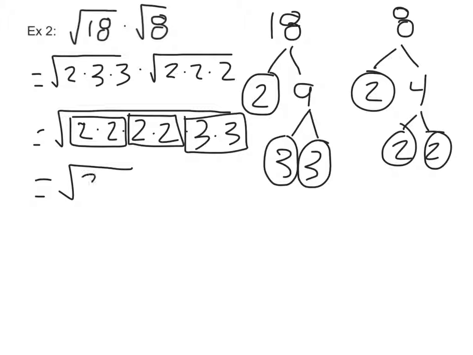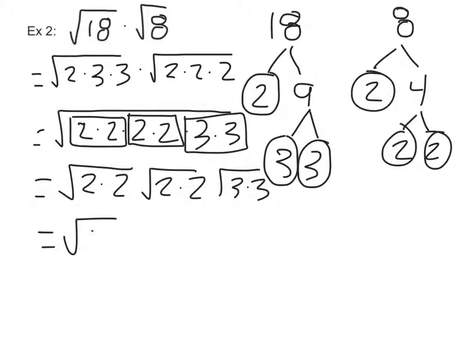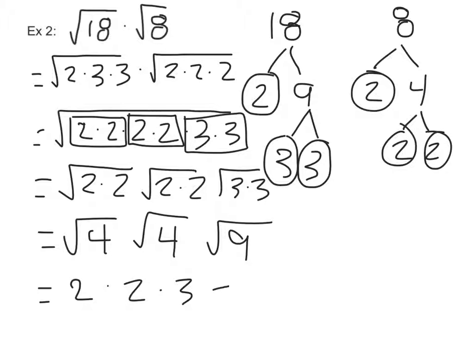So when we put those pairs in their own radical, 2 times 2 is 4, 2 times 2 again is 4, 3 times 3 is again 9. And don't forget your square roots, because now we have found those perfect square roots. We have 2, 2, and 3, and we multiply all those together, we come up with 12. So believe it or not, we go back to the beginning. The square root of 18 times the square root of 8, that is equal to 12.